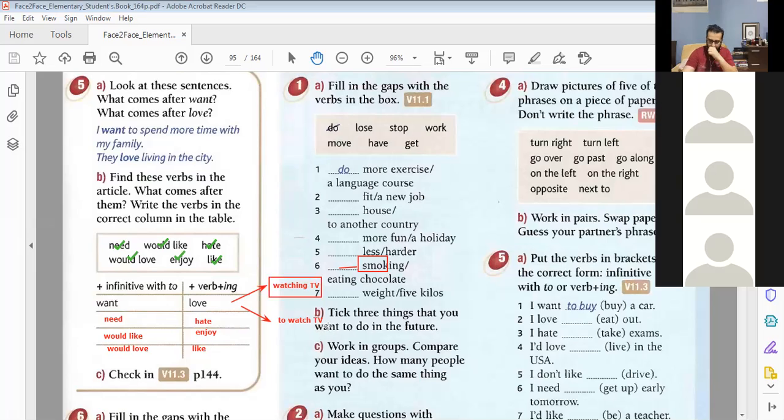But both are correct. However, with verbs like enjoy, to doesn't work. You can say I enjoy swimming, I enjoy skiing, I enjoy playing video games, I enjoy studying. But you can never say I enjoy to study, I enjoy to eat. It doesn't work. You get the idea.